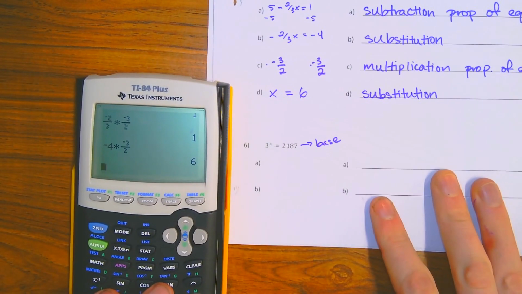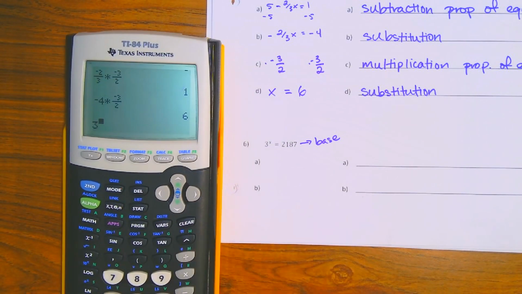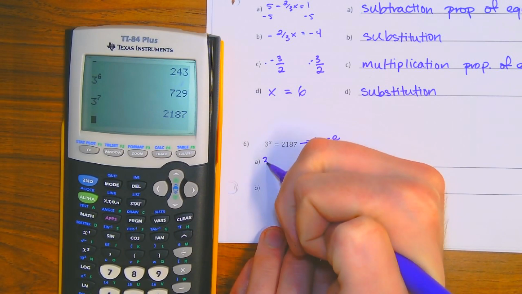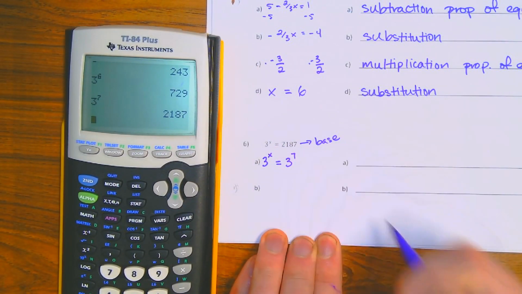I need to start going 3 to the 1 is my first one, and then just keep going, 3 to the 2, 3 to the 3, 3 to the 4, 3 to the 5, 3 to the 6. We're getting almost there. 3 to the 7. Okay. So now we have our 2187. It matches. So we're going to rewrite this as 3 to the x equals 3 to the 7.